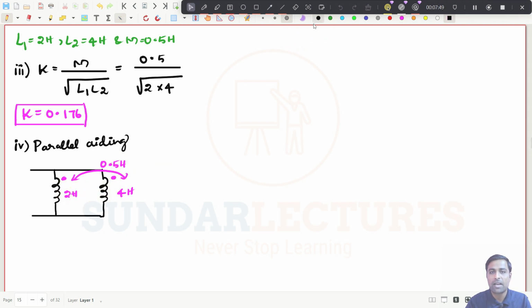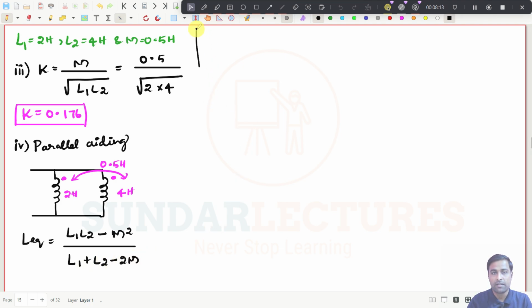So what is the formula we have seen for L equivalent if it is parallel aiding? It is L1 L2 minus M square divided by L1 plus L2 minus 2M. This is the formula, right? We have derived it in the previous class, right?